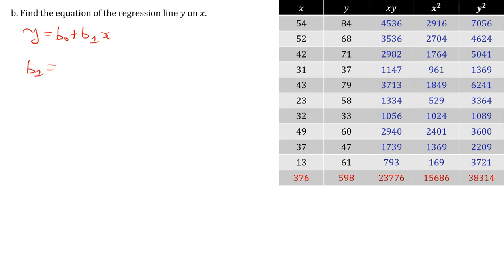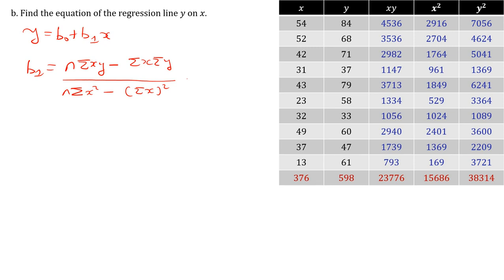which is like the slope of the graph, b1 is simply given by n times the sum of xy minus the sum of x times the sum of y, all of this divided by n times the sum of x squared minus the sum of x, all of that squared.